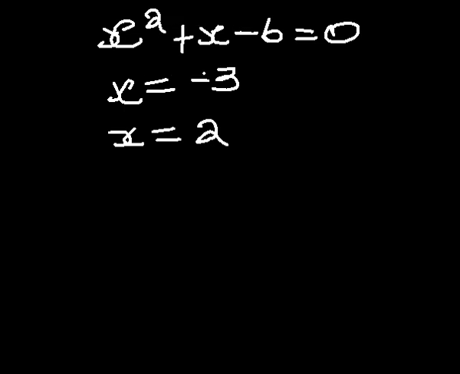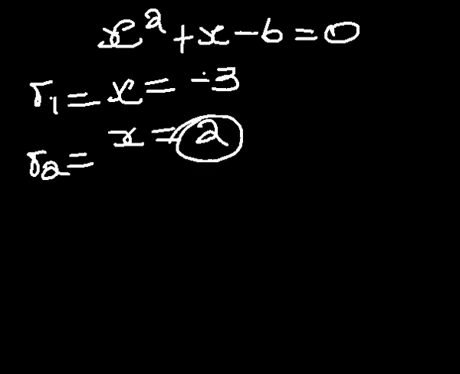Let's think of writing this as root 1, which is the same as x equals negative 3, and root 2, which is x equals positive 2. Now let's substitute root 1 as well as root 2 into the equation and see how it behaves.